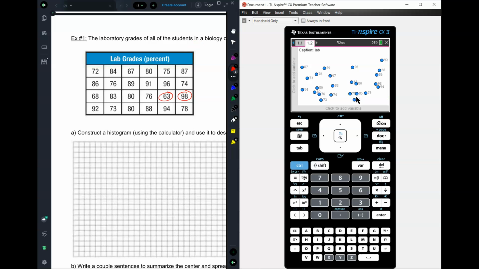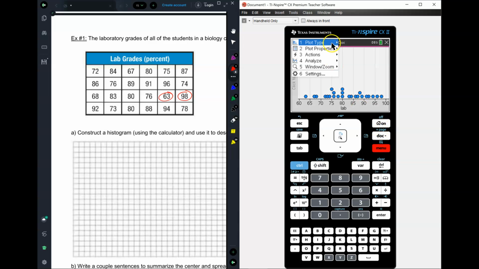Click on this, and it'll give you an option. This is the one. And then we're going to go to menu, plot type, and we're going to do a histogram.